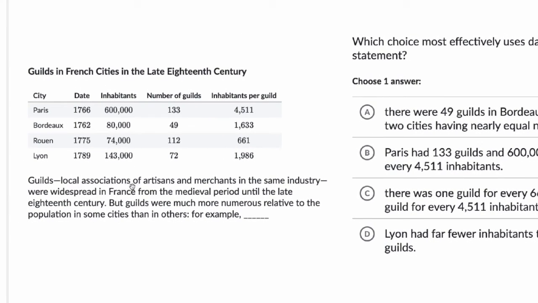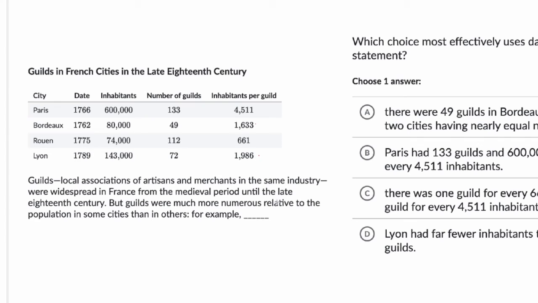The data to complete the statement. Guilds, local associations of artisans and merchants in the same industry, were widespread in France from the medieval period until the late 18th century, but guilds were much more numerous relative to the population in some cities than in others. Okay, so the two that I would not look at would be Bordeaux and Lyon, because those are pretty similar in terms of inhabitants per guild.